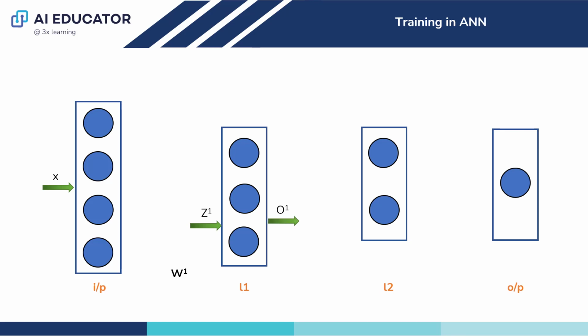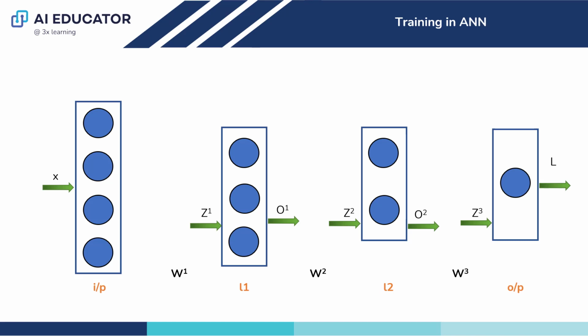Again, that output will be multiplied with a weight. Then the cumulative sum of input and weights will go as an input to the second hidden layer, which will again give us an output. We'll multiply this output with the weight of that layer and give it as an input to the output layer, which will give us the predicted value, and we calculate the loss.